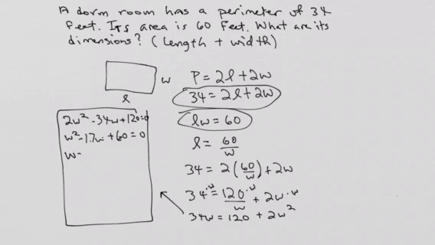Well, by the way, Ajay, you could solve this by completing the square. You could solve it by the quadratic equation. But it's nice if you can factor stuff because it doesn't get so ugly.